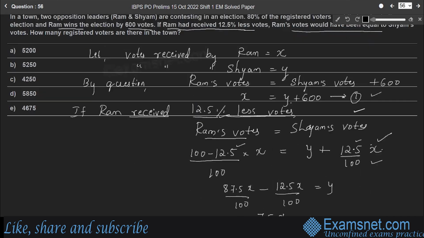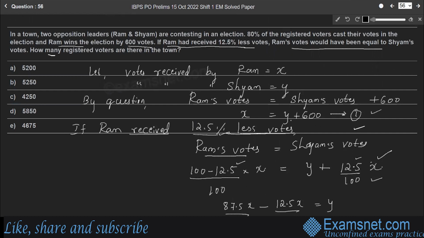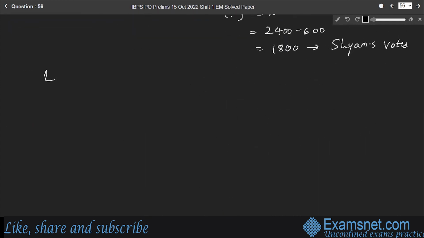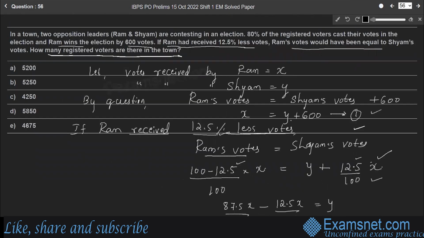Here the question is, how many registered voters are there in the town? Let us assume there are Z number of registered voters in the town. So let the number of registered voters be Z. Out of Z number of registered voters, only 80% of the registered voters cast their votes.